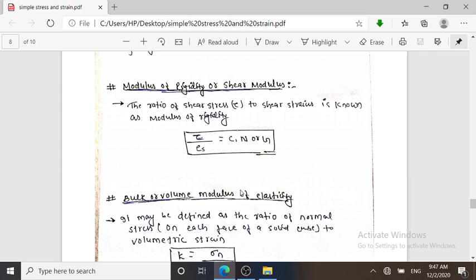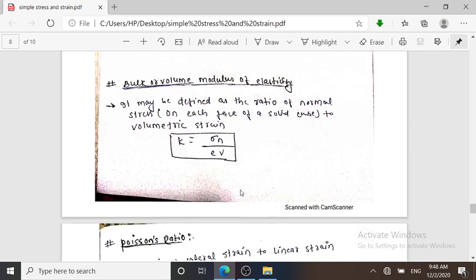It is denoted in some textbooks as C, in some as N, or in some as G. So don't be confused. C and G denote the modulus of rigidity. So it is shear stress tau by shear strain, small phi. Modulus of rigidity or shear modulus are the same terms.